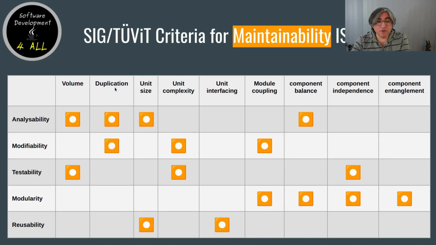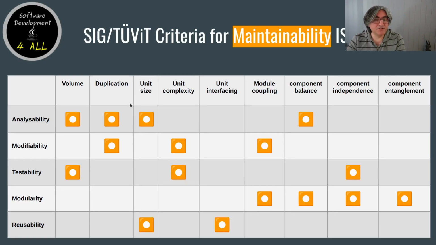Duplication of the code will also make it more difficult. If you have the same code in multiple places in your code, but it's doing the exact same thing, it's going to impact the analyzability because it's harder to read which one is doing what and where and when. And if I have to change, do I have to change them all? Or do I have to change just one for this flow?